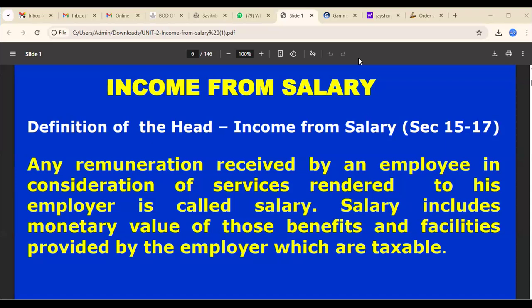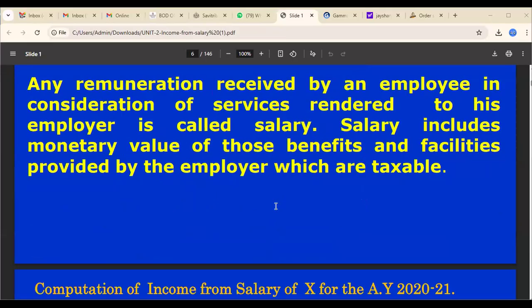So it can be in kind or it can be in terms of cash. But the relation of employer and employee should be there. Some service or product is issued, and for that service or work I'm getting the reward as salary.